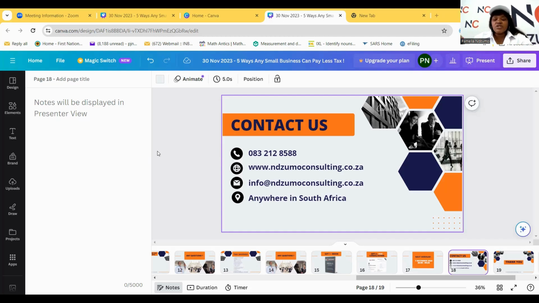The way forward is for you to submit the nil returns, because unless you tell them that your company is dormant, they are going to continue charging you because you are not submitting returns. Therefore, you're not being tax compliant. So you need to inform SARS that your company has been dormant and therefore there is no income tax for you to pay. However, the penalties that they've already charged you, you're still liable for.